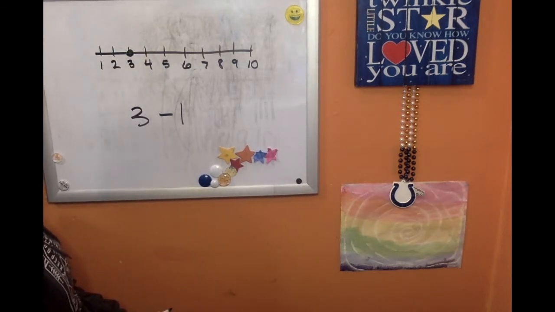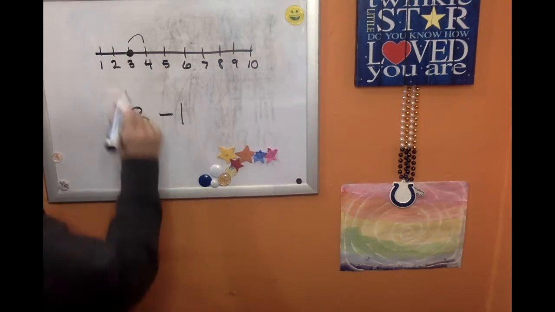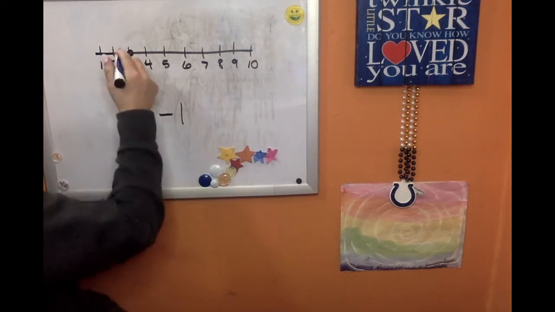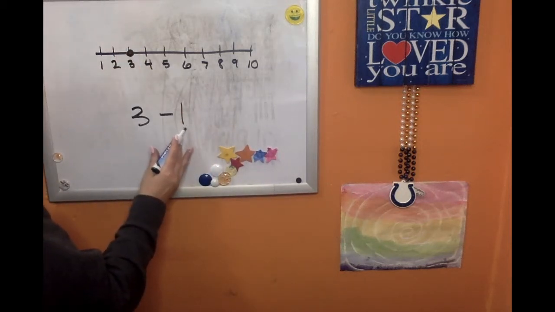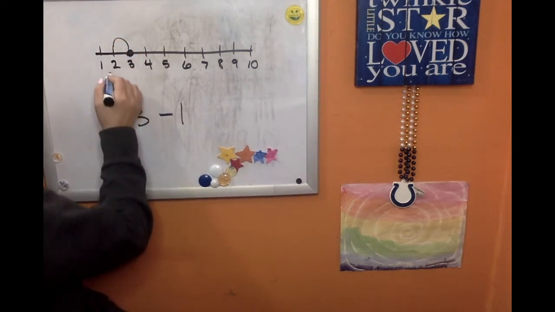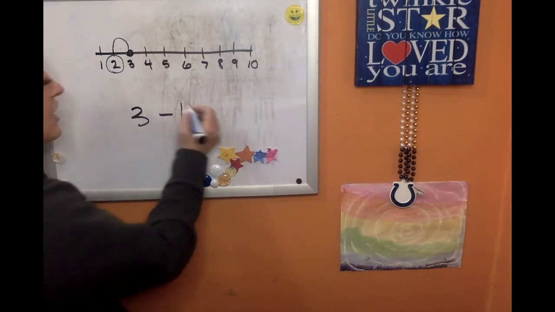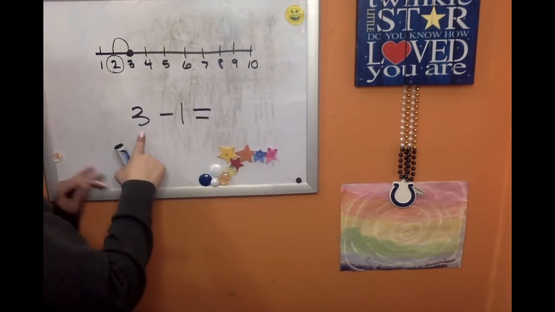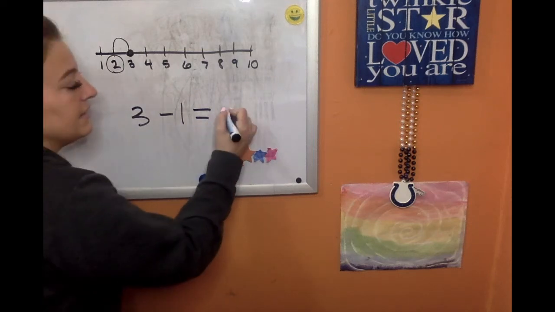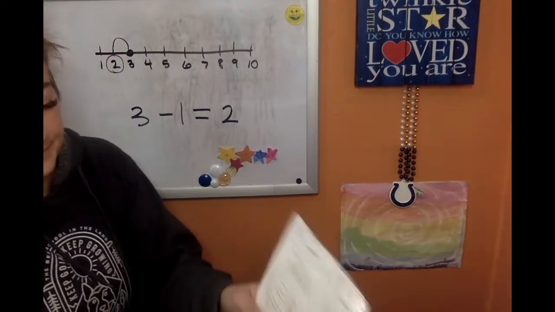We're going to do a froggy hop backwards. We're not going to jump forward because that would be plus. We're going to jump backwards. How many times are we going to jump back? 1. What number did we land on? 2. 3 take away 1, or 3 minus 1, is 2. Can you write that on your paper?